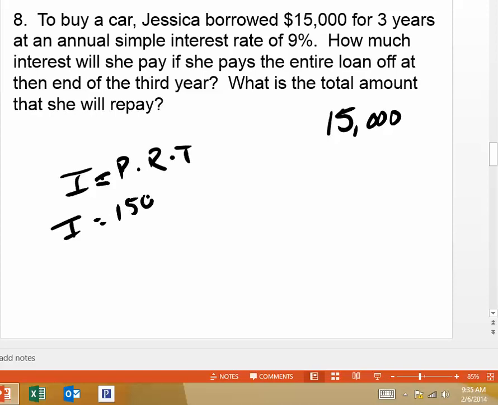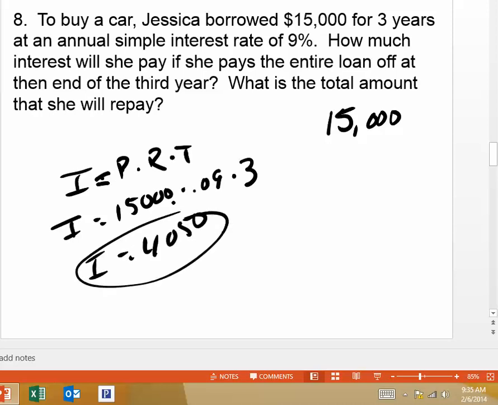Interest is $15,000 times 0.09 times 3. She will pay interest of $4,050. This is the interest. There's the first answer. And then the second one is, how much will she pay altogether? She will pay $19,050.